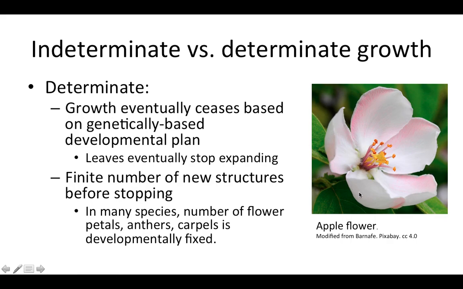This is a typical flower in the rose family, and you can see there are exactly 5 petals, and I believe there are exactly 10 anthers. And unless something goes wrong during development, that's going to be true for every apple flower on this tree. It's going to be true that there's 10 stamens in each of the flowers as well. So the numbers have been determined not by the resource level of the plant, but by something in the plant's genetic code.